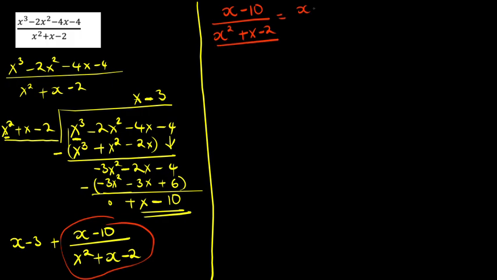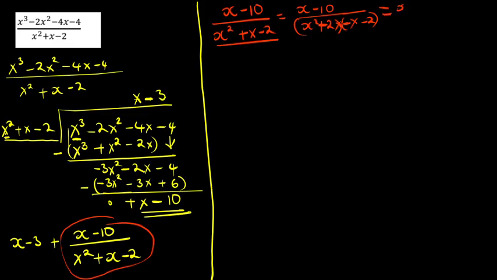For me to factorize that, this is x squared, then the product is negative 2 and the sum is 1. Then the factors will be 2x, then minus x, then minus 2. So I'll do this in order for me to factorize.